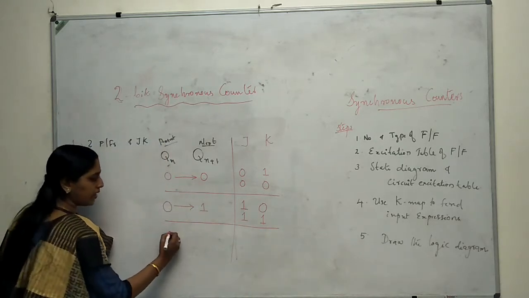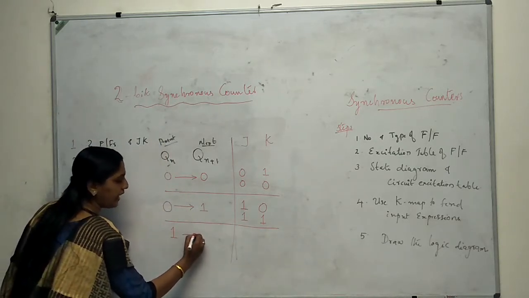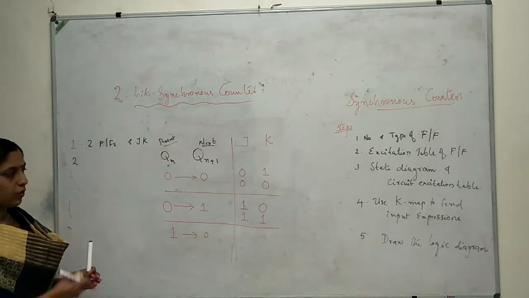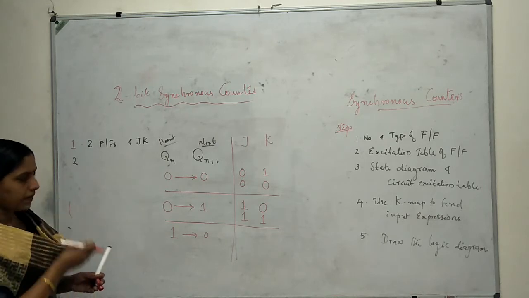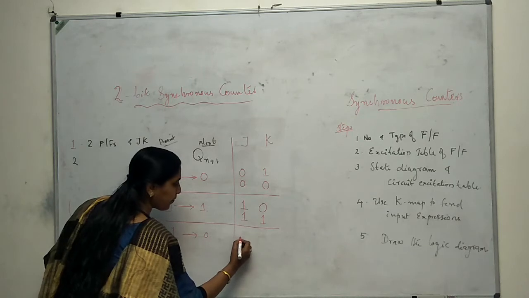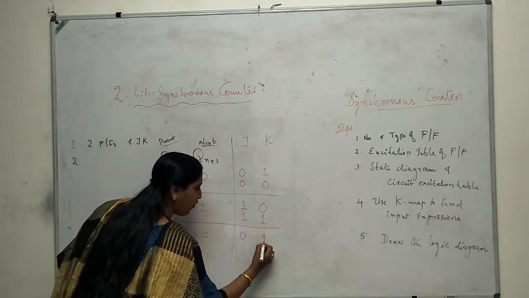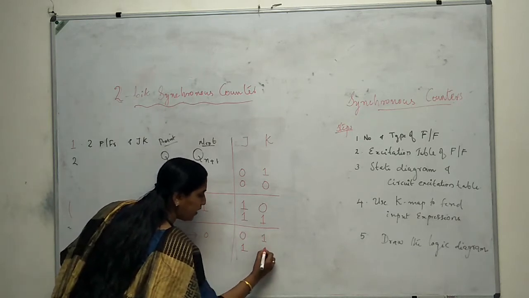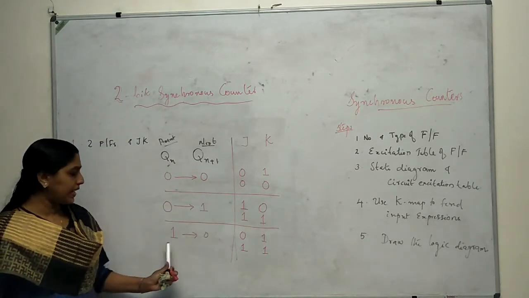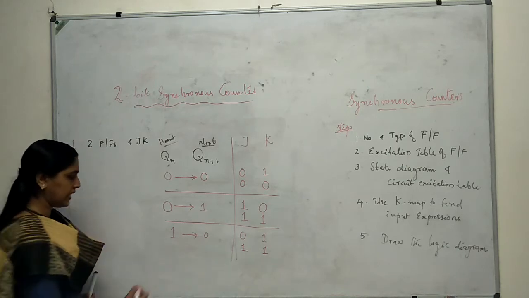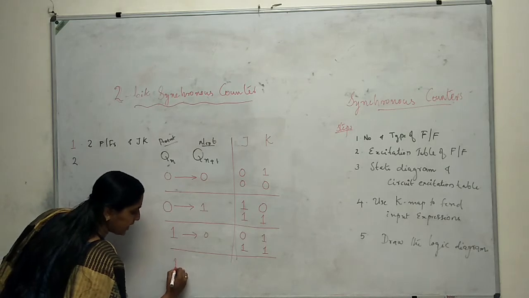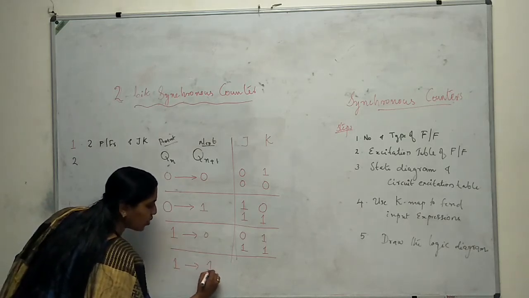Okay, in the third one, the current state is 1 and the next state is 0. Then we have 0 1 or 1 1. In these two cases, you will get 1 as the present state and 0 as the next state. And the last case is current state is 1 and the next state is also 1.